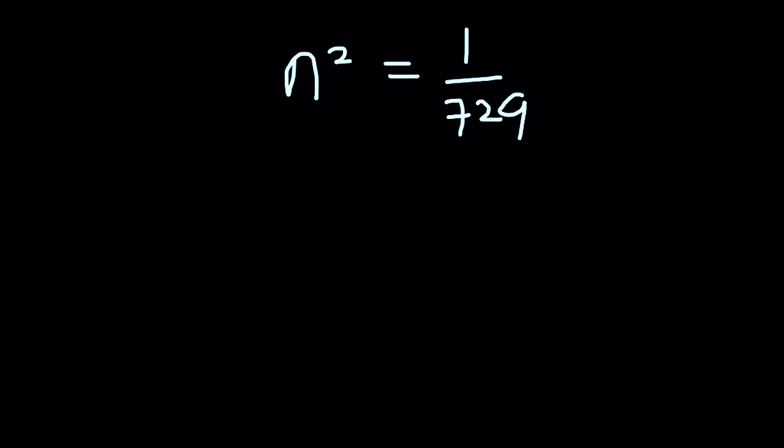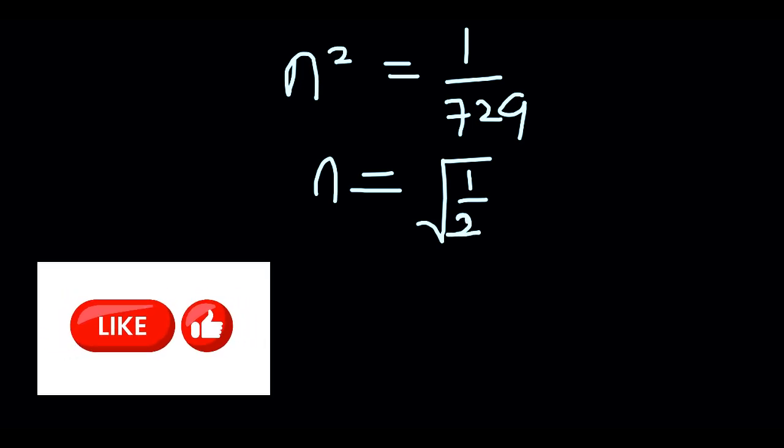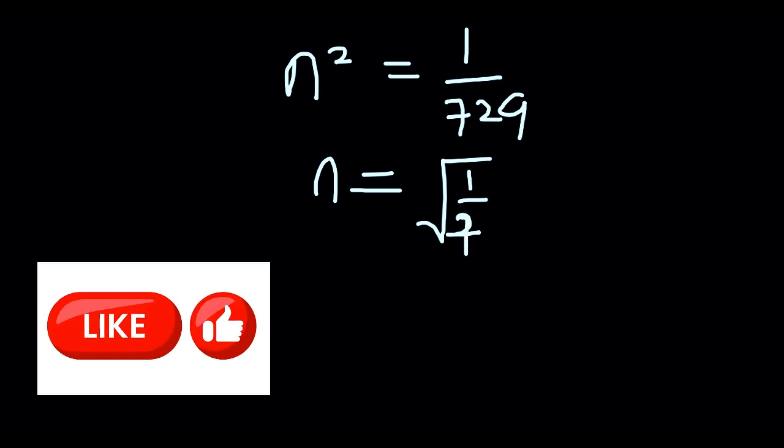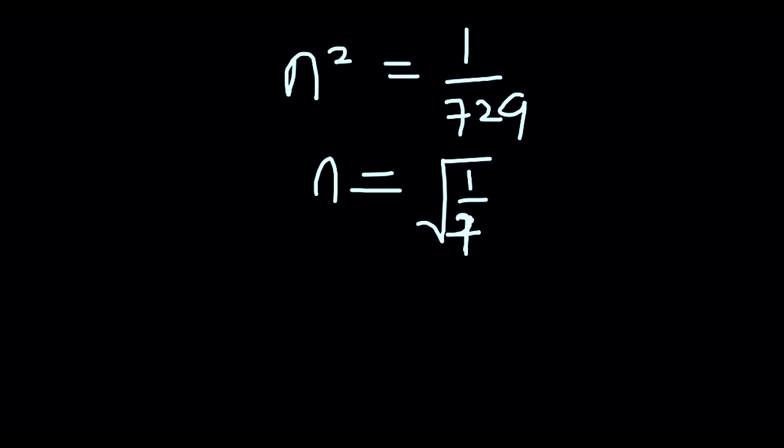n equals the square root of 1 over the square root of 729.